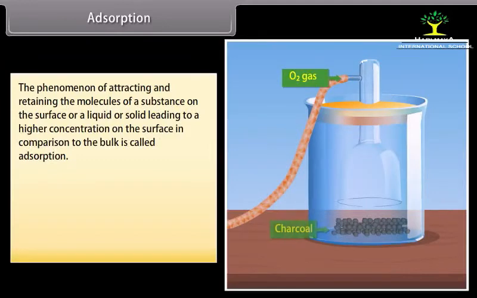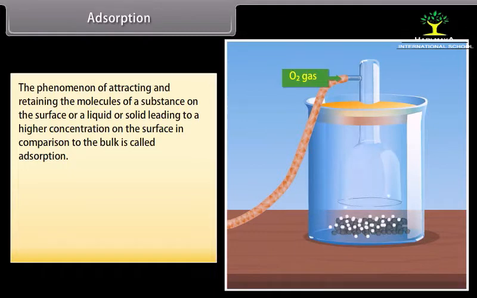Adsorption. The phenomenon of attracting and retaining the molecules of a substance on the surface of a liquid or solid, leading to a higher concentration on the surface in comparison to the bulk, is called adsorption. For example, when oxygen gas is taken in a closed vessel containing powdered charcoal, then the pressure inside the enclosed vessel decreases.